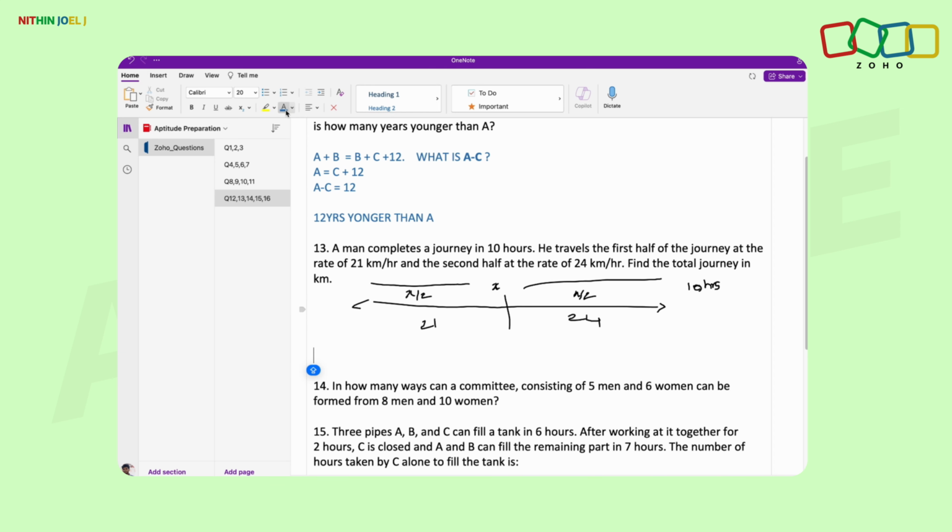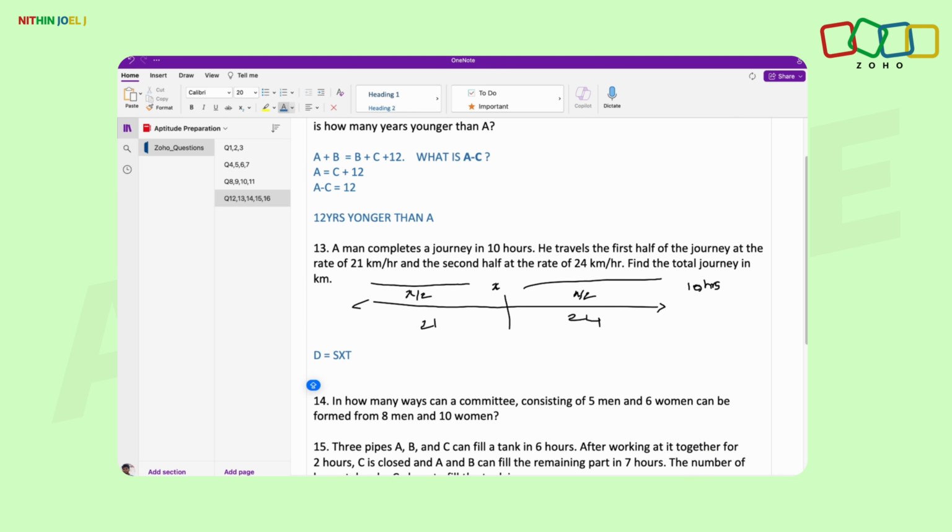We know the formula distance, which is d is equal to s into t, which is speed into time. In our question we have to find the total journey in kilometers. So we'll convert this equation in terms of time, which is t is equal to d by s. Now we have two times, right: 21 km per hour in the first half and 24 km per hour in the second half.